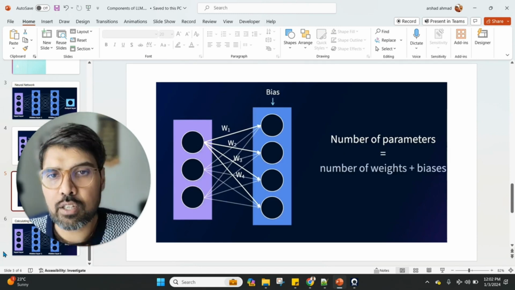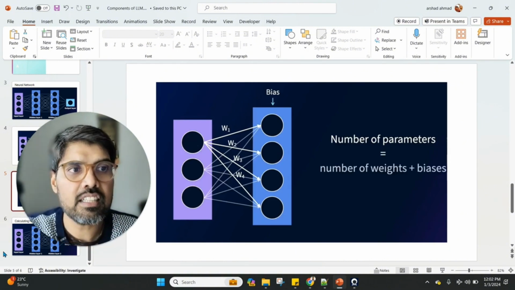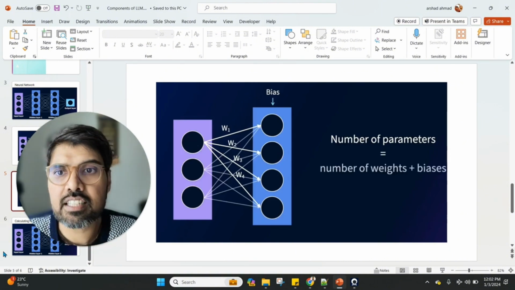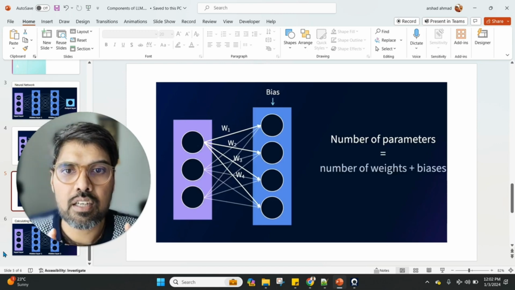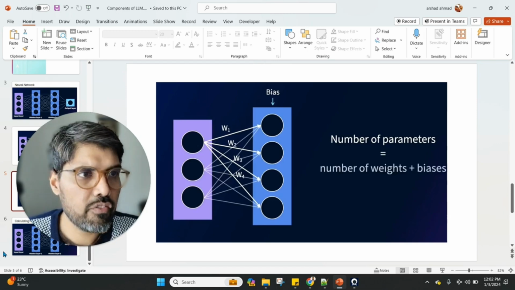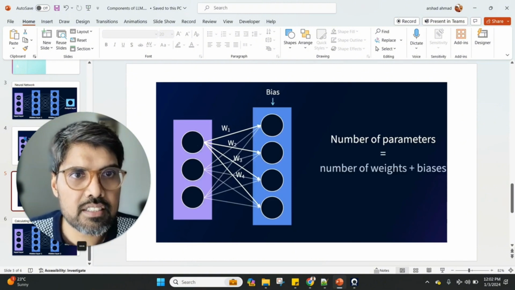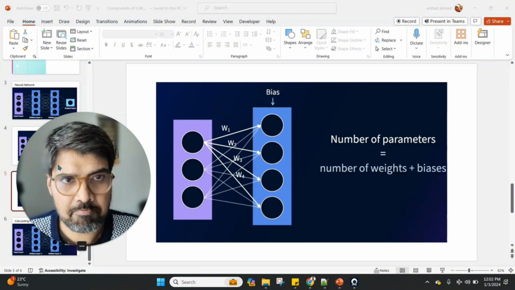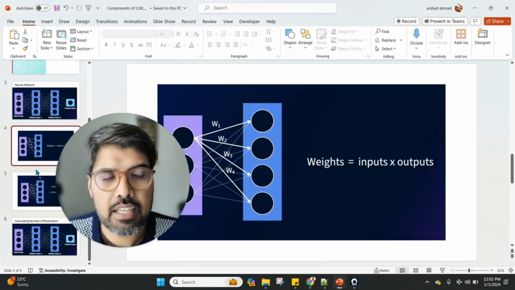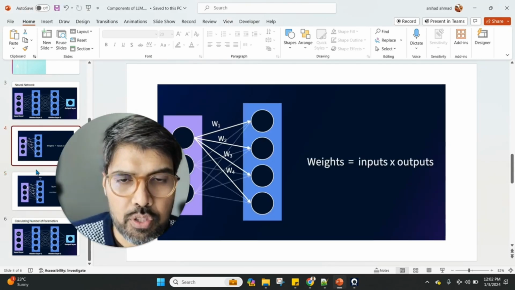The network learns by adjusting those weights, and we can easily calculate the number of weights, as I said in the earlier slide, by multiplying the input by the output.